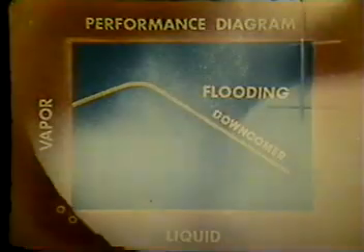Downcomer flooding is caused by an entirely different mechanism than entrainment flood. It usually occurs at higher liquid rates. The cause of flooding is that the downcomer cannot accommodate the vapor-liquid mixture entering the downcomer, and finally backs up on the tray above.